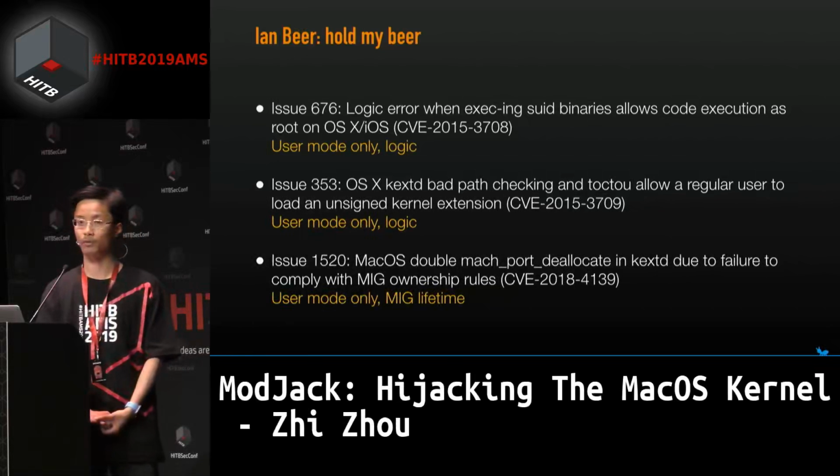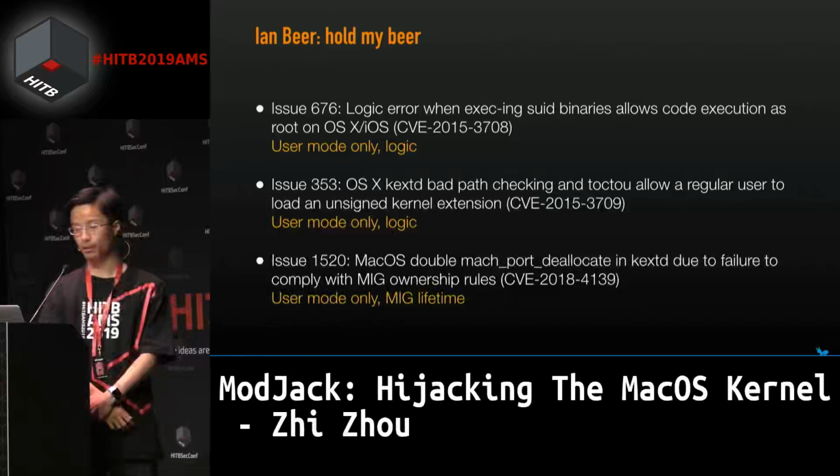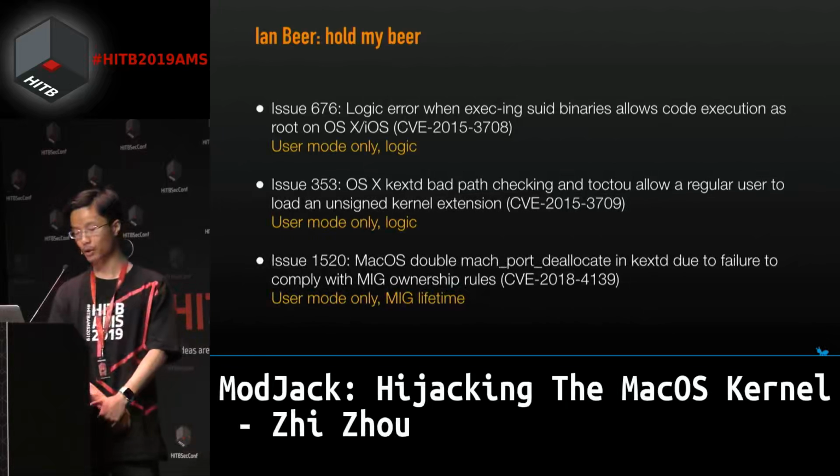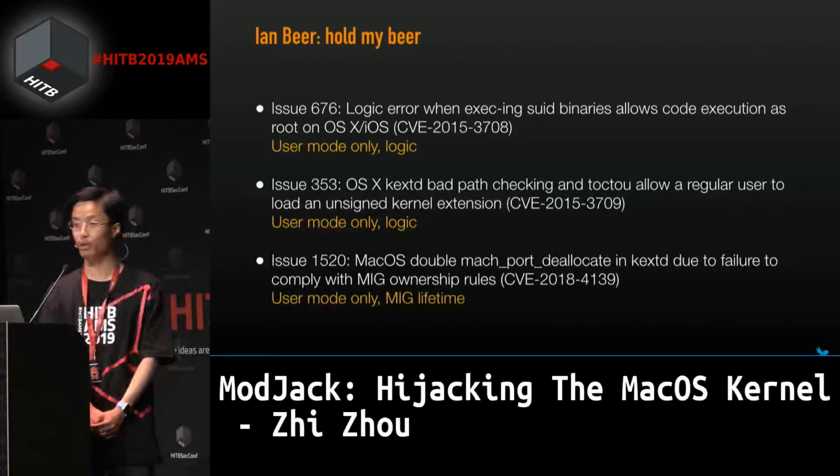The first two are user mode only and logic bugs, not involving XNU at all. The third one is also user mode only, but it is a memory corruption issue, so it will be slightly different and a little more difficult to exploit.